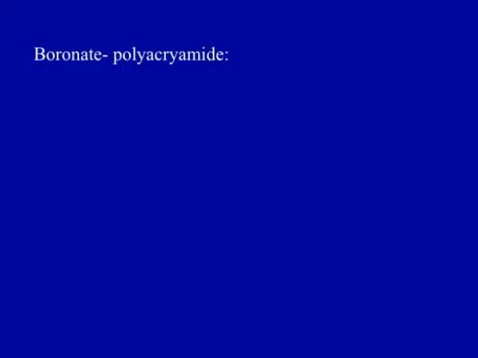There could be boronate polyacrylamide, which has high affinity for binding low molecular weight compounds with cis diol groups, like ribonucleotides, sugars, or many coenzymes, and it could be utilized for purification.